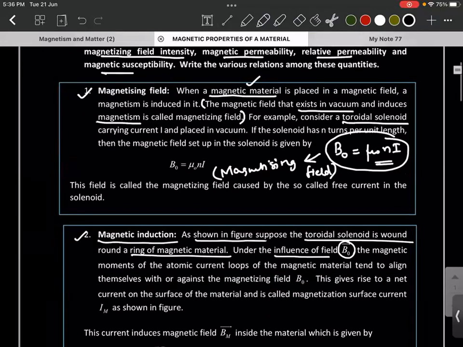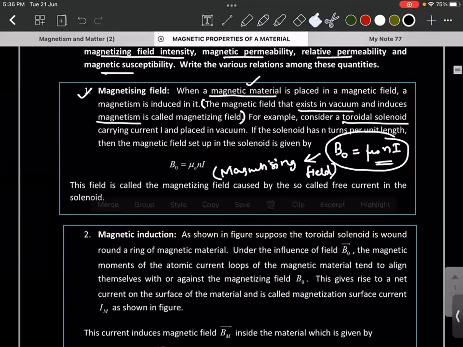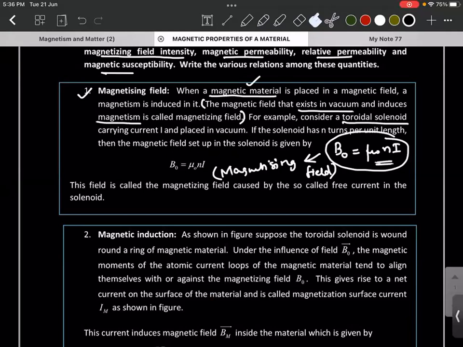Now, when you do this kind of a process, an output is generated, right? This material is now magnetized. Now imagine there is a magnetic field created within the steel rod. Apart from that, you also have the magnetizing field. I repeat it again: you have magnetism induced in the steel rod and you also have the magnetizing field present.